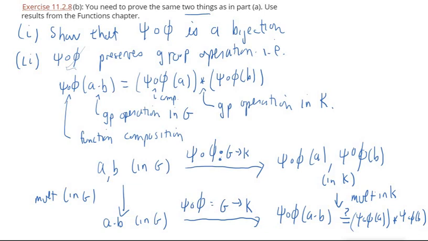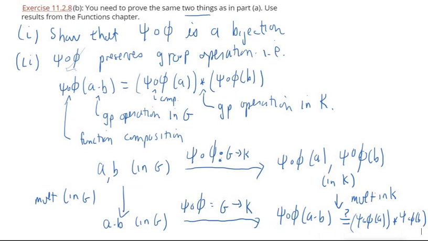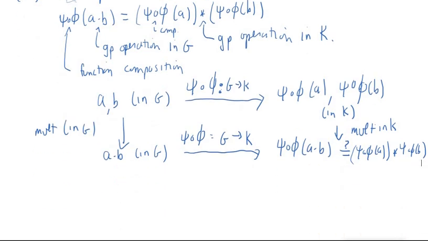Let's start with the more complicated expression, C composed phi of A dot B. All right, now, what do we know about this?